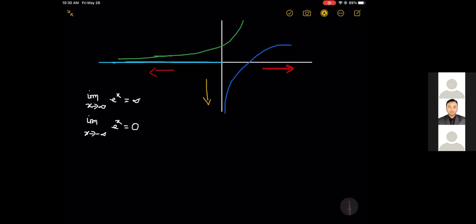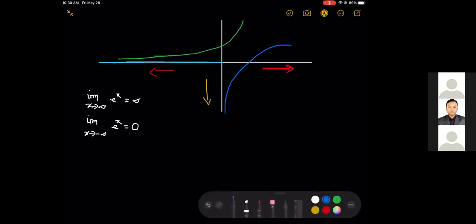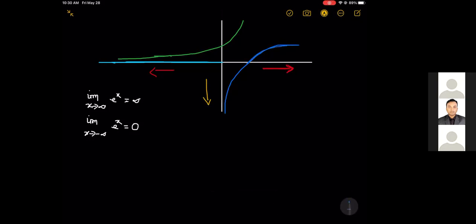Negative infinity. Why do you think it's going towards negative infinity? It's going in this direction. There's like a slant asymptote between the two. I guess it'd be going between that. I don't know. We have only one function here. Let's forget about the greenish one. We're just taking care of this one now.